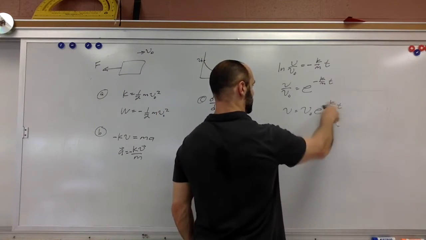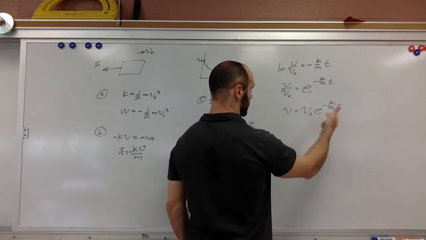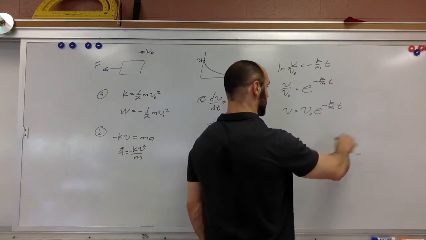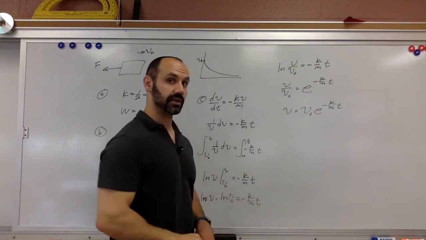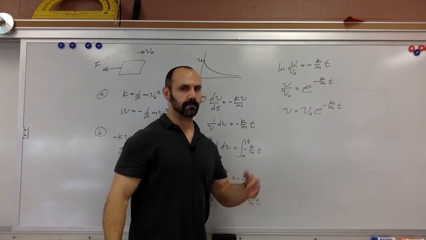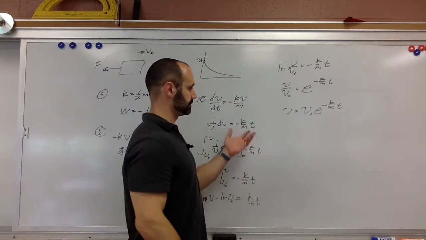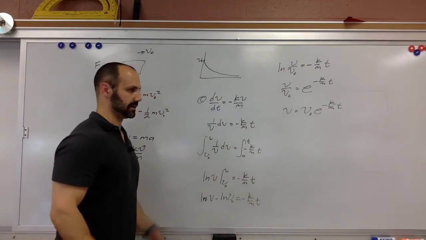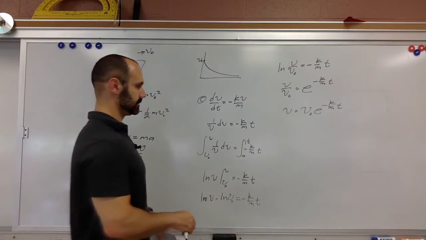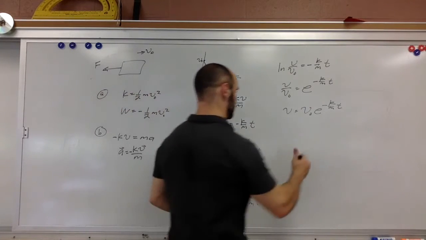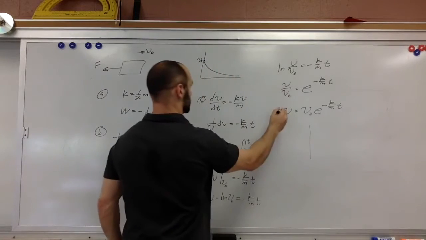Initially, if t is 0, this whole thing is 1, so v equals v naught at time 0. And then as time goes on, this gets closer and closer to 0. Theoretically, it never actually reaches 0. But in practice, there are things of different grades, the friction force is constantly changing, and it does actually reach 0. So this graph just looks like this.